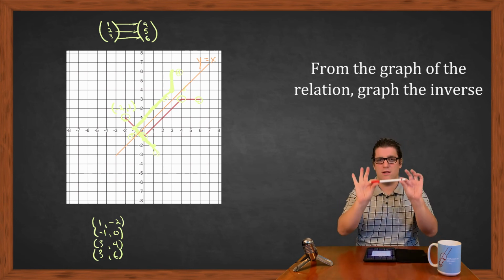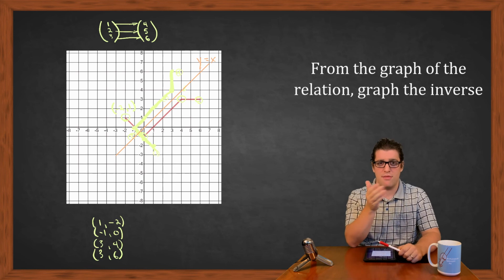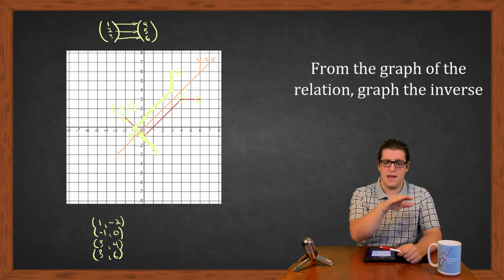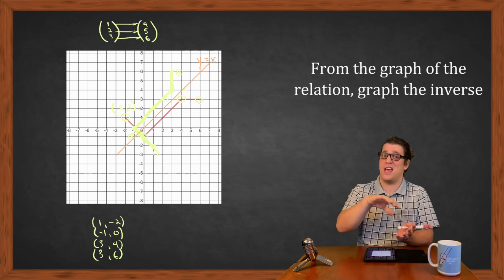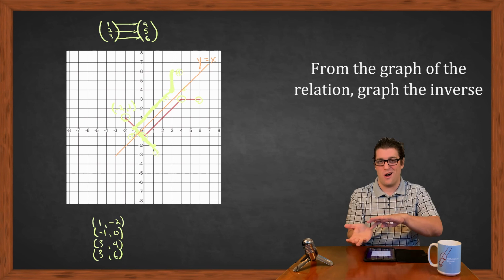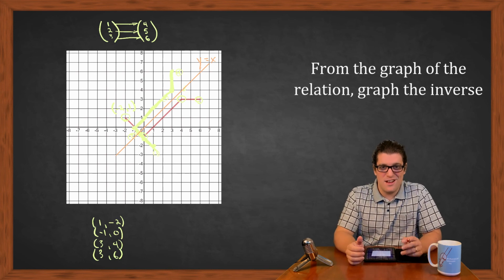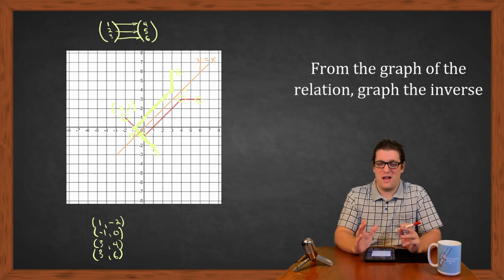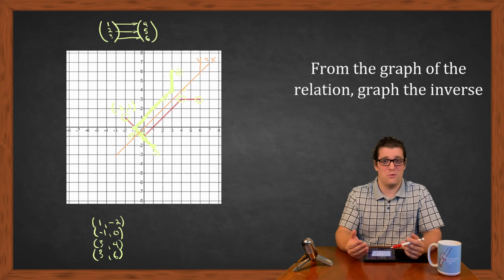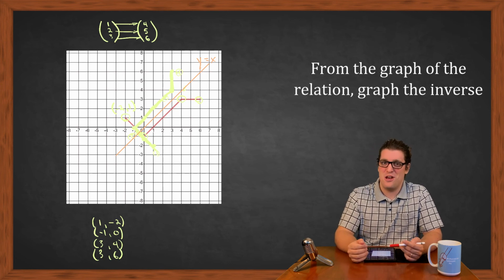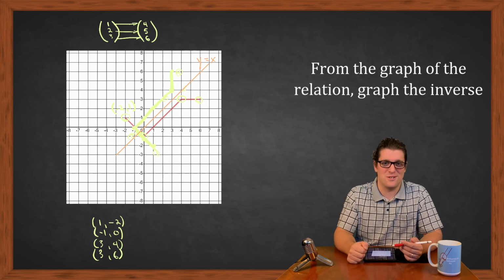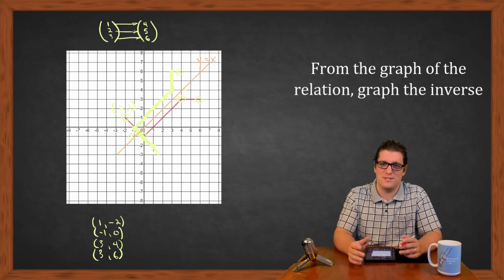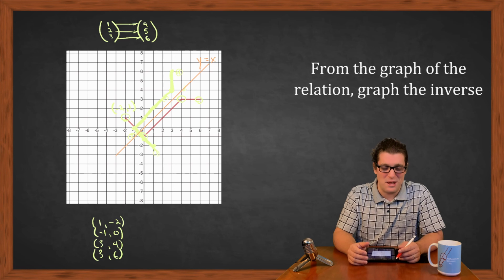So a horizontal line test would be if you were to cut through the original graph twice or more at any particular y value, then once everything switches x to y and y to x, you'll see that it will cause the new relation, the inverse, to fail the vertical line test. So we can test the original with the horizontal without having to draw, and that will tell you whether the new one's going to be a function anyway.